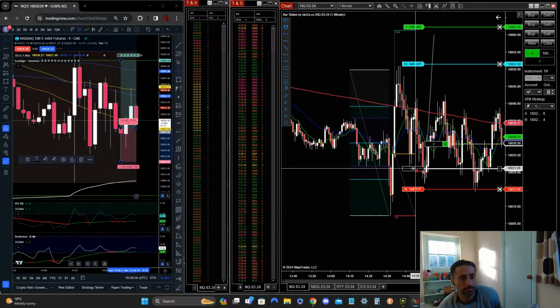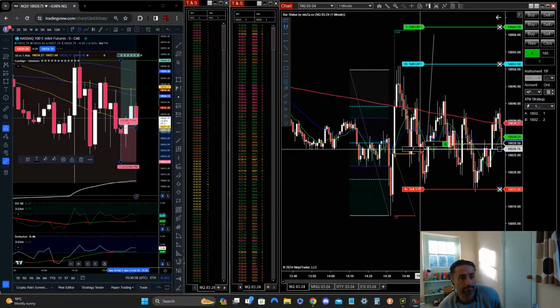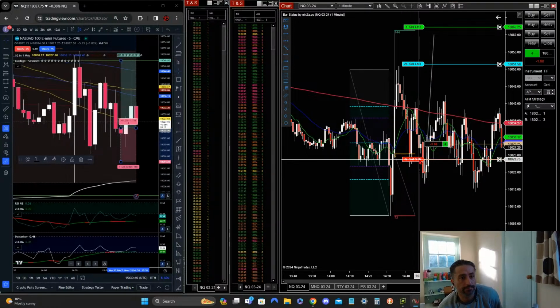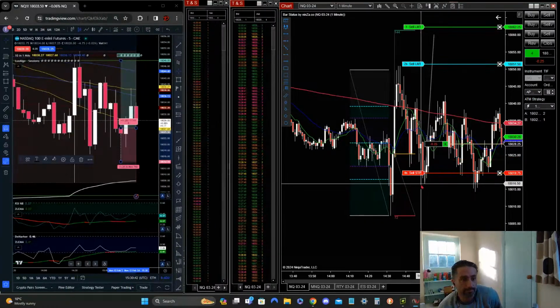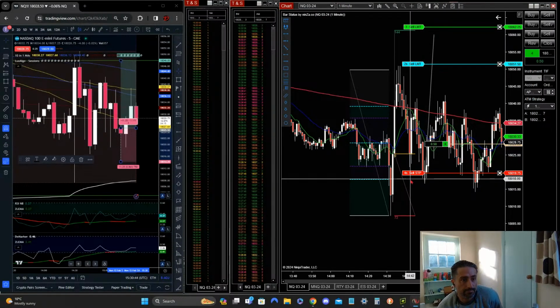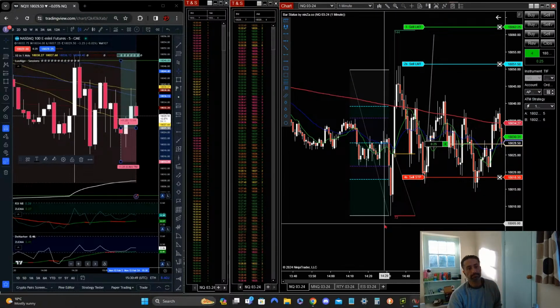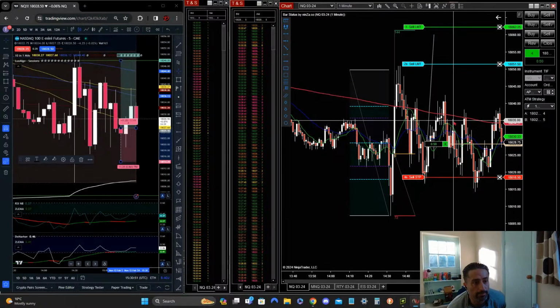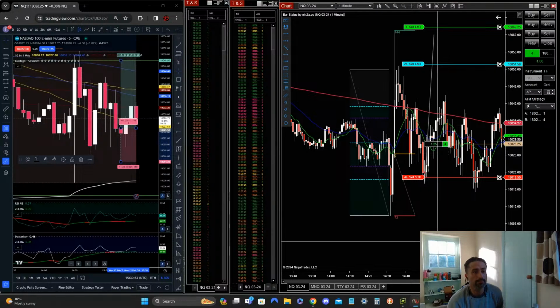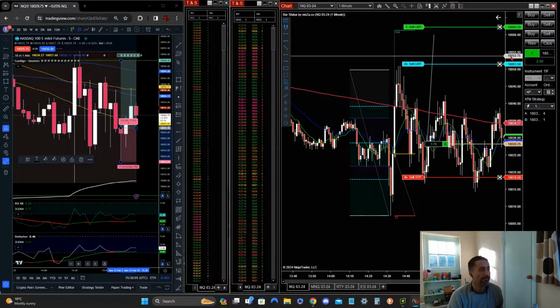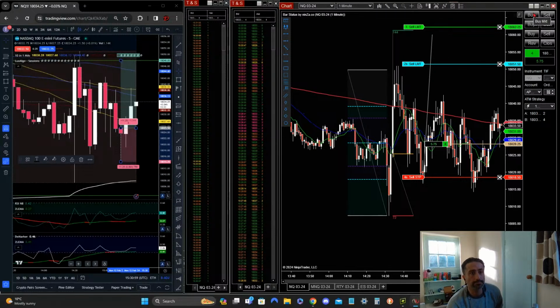This looks bad. Where was my stop? Right there. Are they going to come for it? Because that is going to look like they're going to want to come for it. No, they're going to take it. They just faked everybody out.